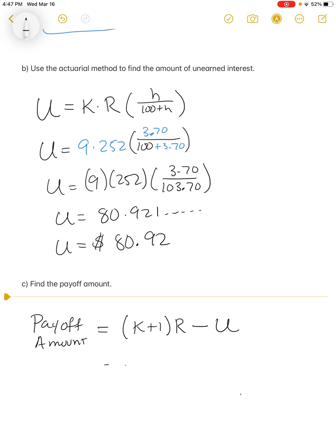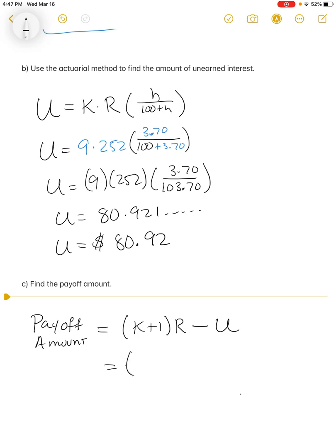So they do the +1 in there. K is the remaining payments. But again, you made that payment right before those 9 months. And therefore, that's factored into the payoff amount, that current payment with the interest.